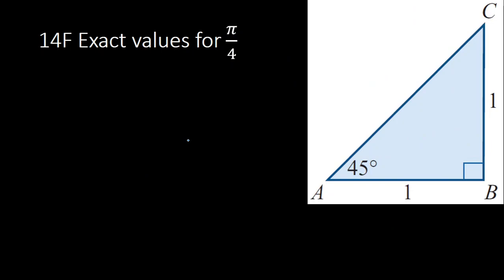For pi on 4, you need to create an isosceles triangle of sides 1 and 1. The hypotenuse is square root of 2 using Pythagoras, and you have 45 degrees here, therefore you have 45 degrees there because it's 90 degrees here.